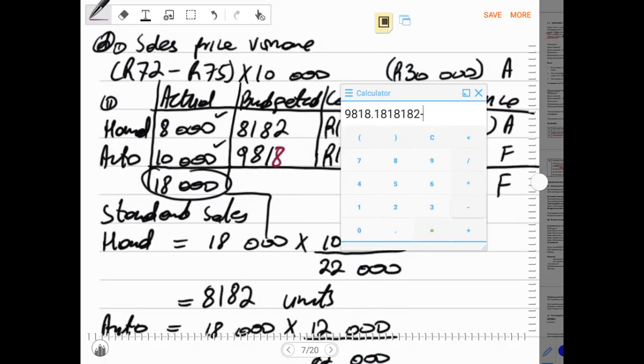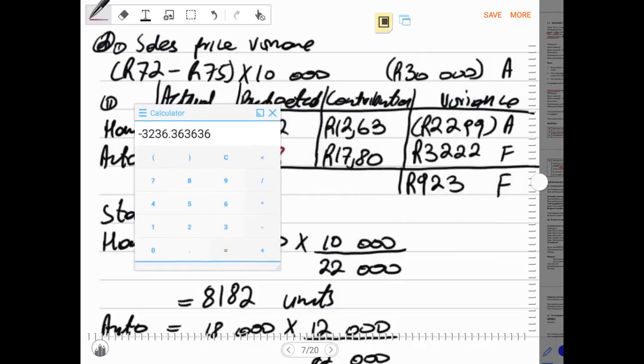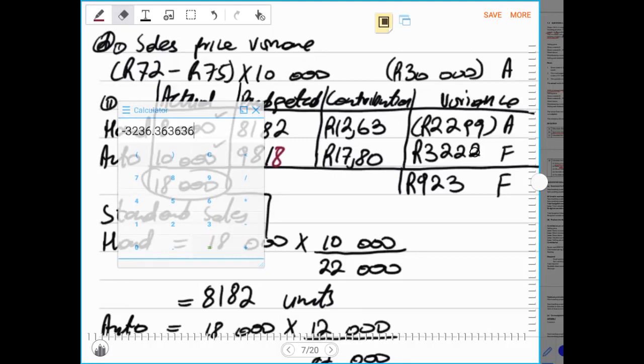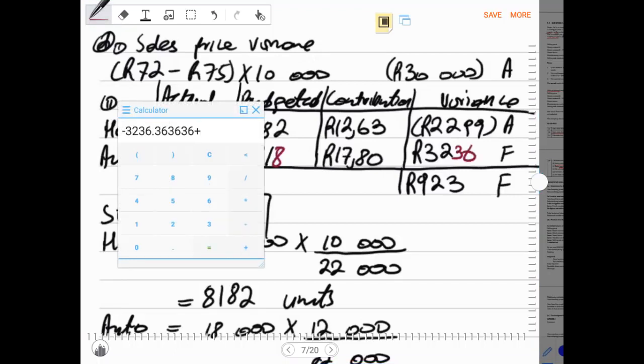Then I will say minus this 10,000, we times that by 17.80, and this gives us 3,236, and we say plus 2,299.